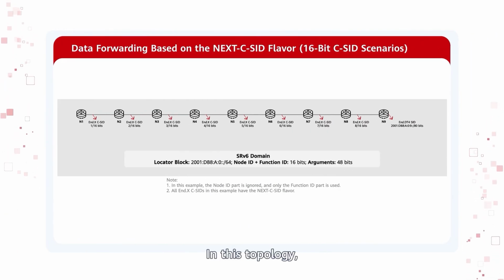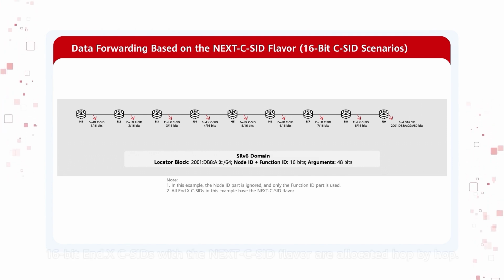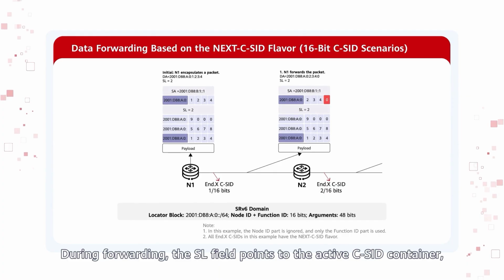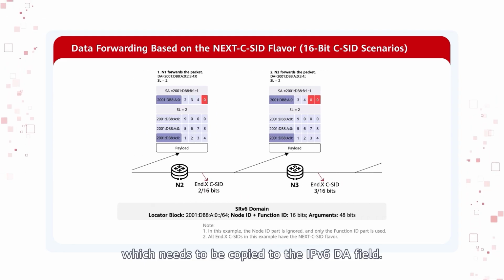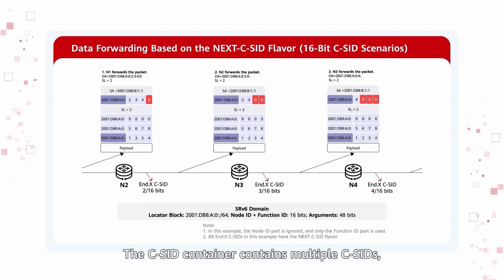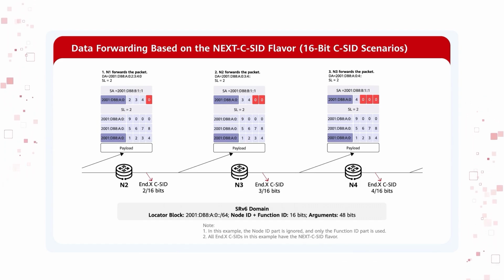In this topology, 16-bit end X C-SIDs with the next C-SID flavor are allocated hop by hop. During forwarding, the SL field points to the active C-SID container, which needs to be copied to the IPv6 DA field. The C-SID container contains multiple C-SIDs, and the leftmost C-SID is the active one.